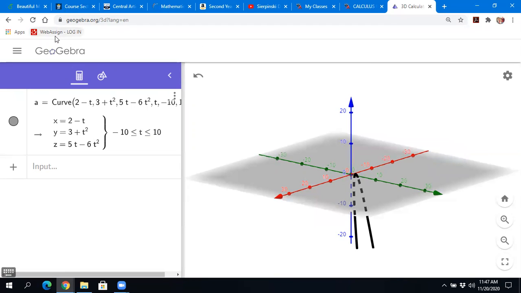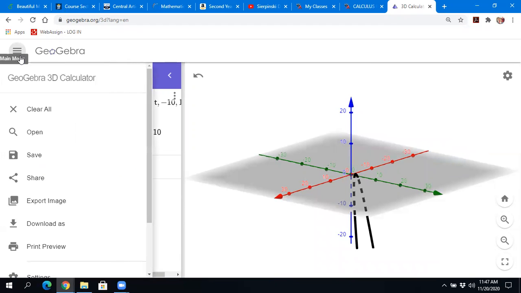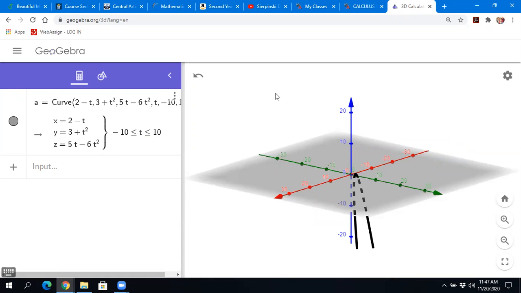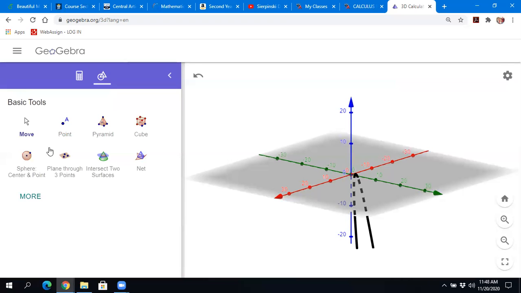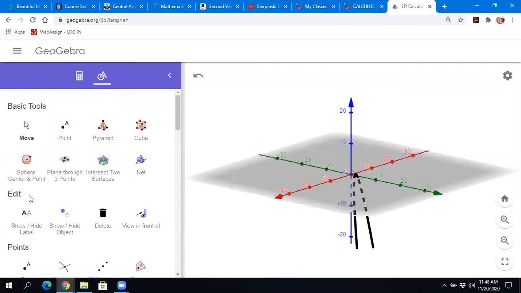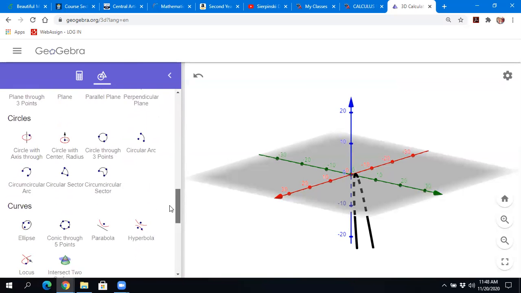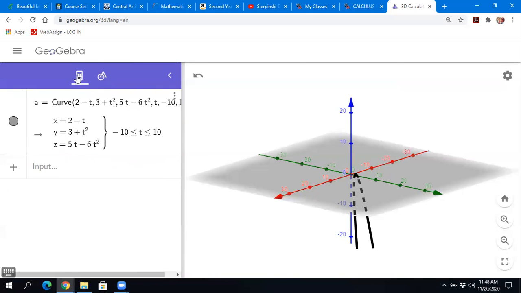I've used the help menu a lot. See how it says help right here? There's a lot of little tips and pointers. By the way, here's the calculator. If you go in here, there are all these built-in things that you can make in GeoGebra right here. Which is kind of nice.